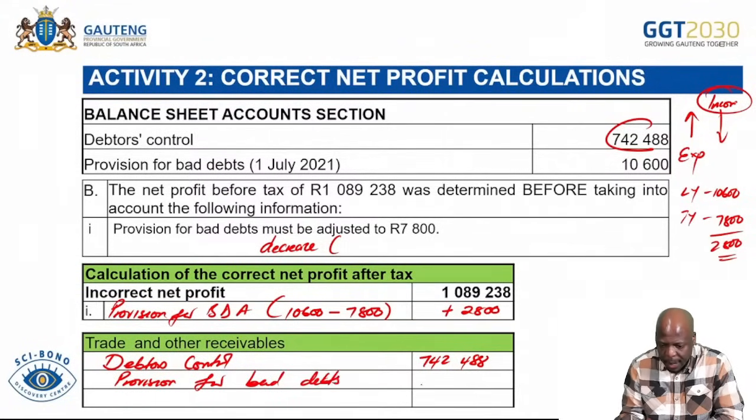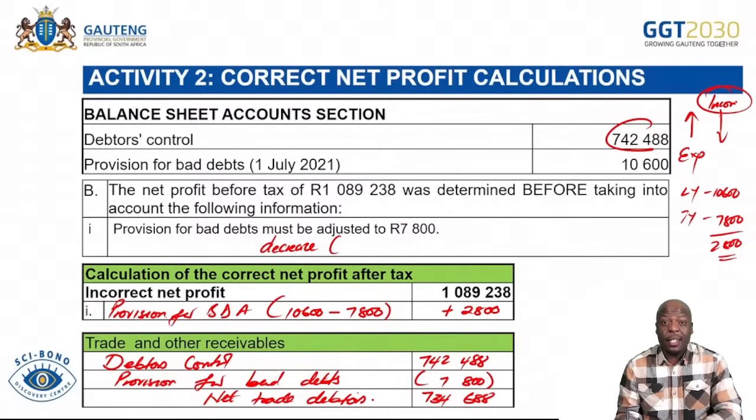And my provision for bad debts is how much? 7,800. And therefore it would give me 734,688. And what do we call this? Net trade debtors. This is my net trade debtors.